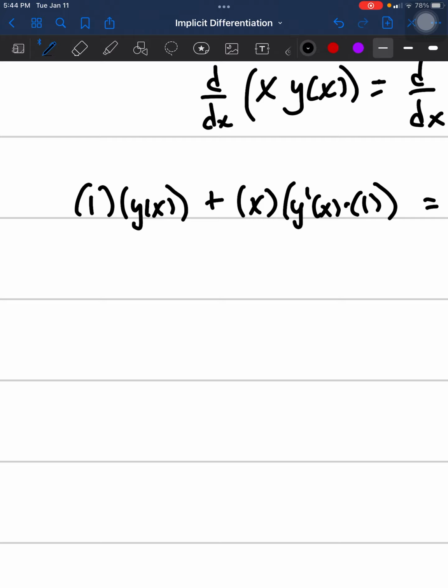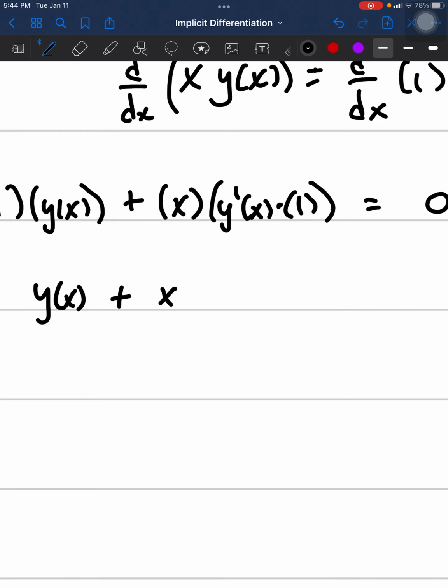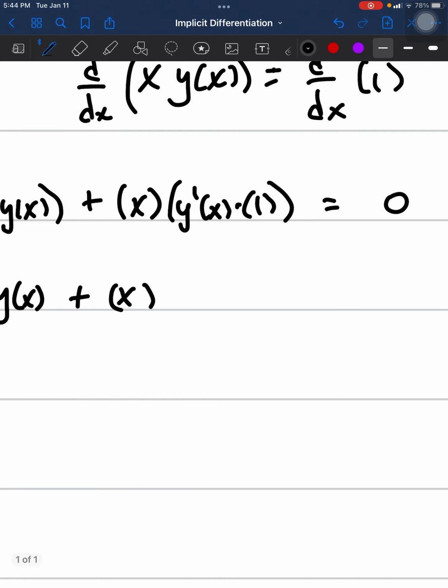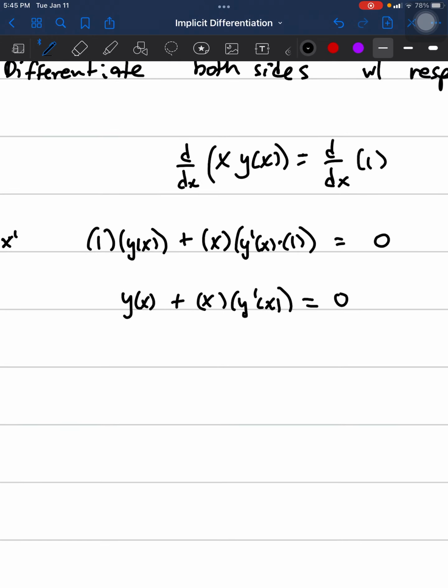Now that we have this, we can simplify a little bit more. We're left with y of x plus x, and then y prime of x times 1 is just y prime of x, equal to 0.